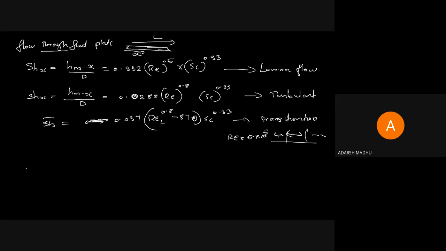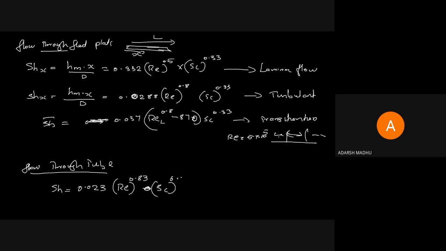There is only one equation for flow through tube. Flow through tube: SH equal to 0.023 into RE raised to 0.83 into SC raised to 0.44.